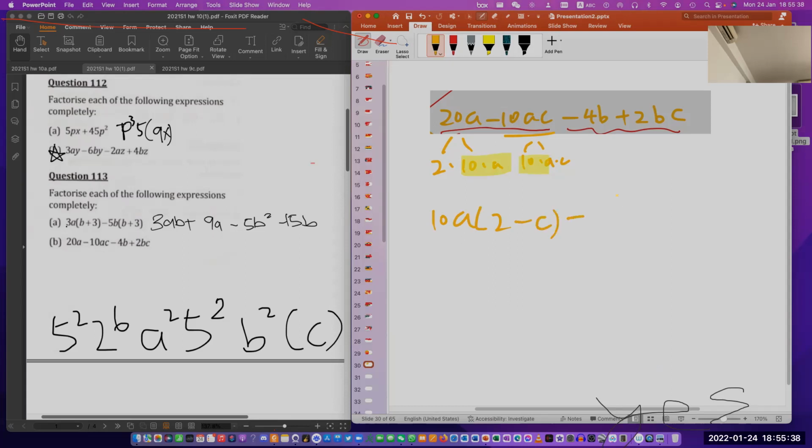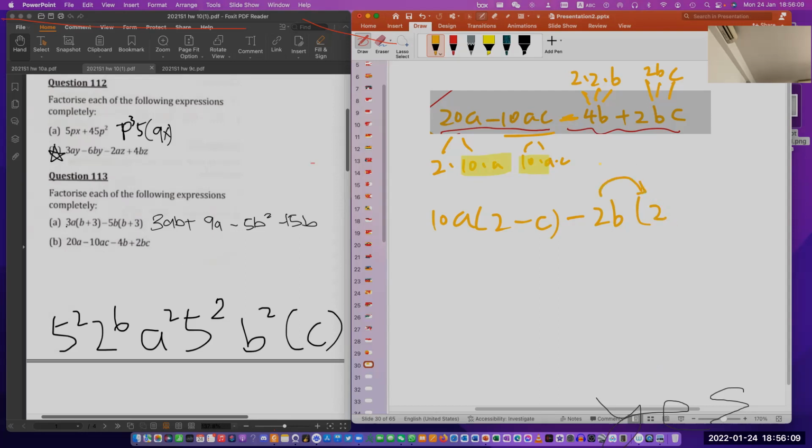And this one, I can see 2 times 2b. And this is 2bc. So 2b is common. So if I take out 2b, hold on, this is a minus sign, right? So I take out 2b, I have 2 left.